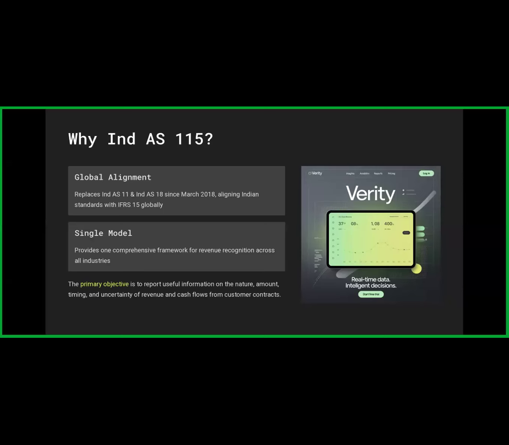So what are the different guidelines on how revenue should be recognized by companies or organizations, and how they put those revenues or values into the different financial statements?